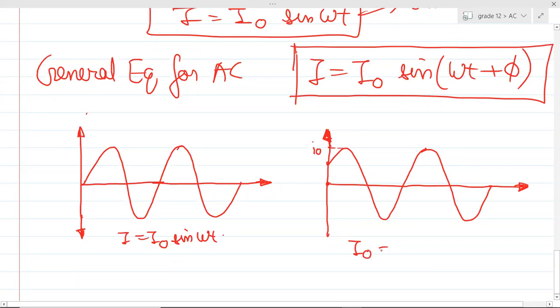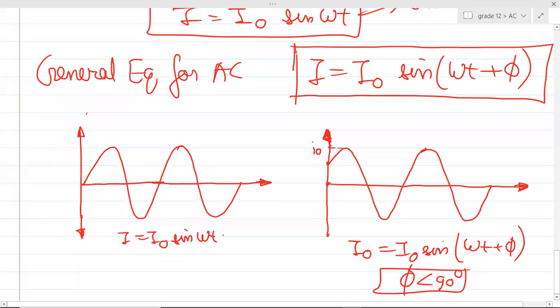This is because of that phi in sine of omega t plus phi. If phi is less than 90 degrees, then this kind of graph forms. We'll look at exactly how it forms.